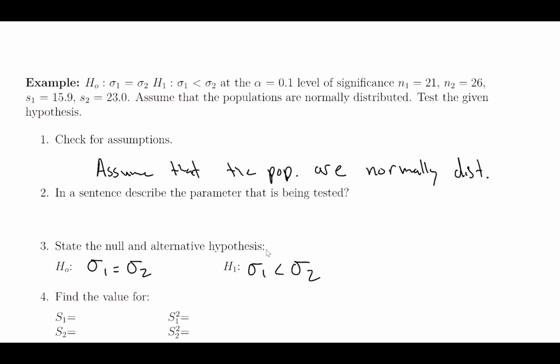Next, in a sentence, describe the parameter that's being tested. Well, you can put the standard deviation, because I don't really give you any backstory or context for this one. It's a very plain problem.